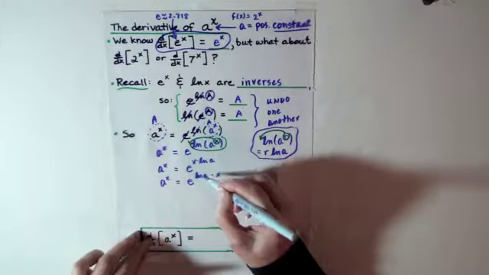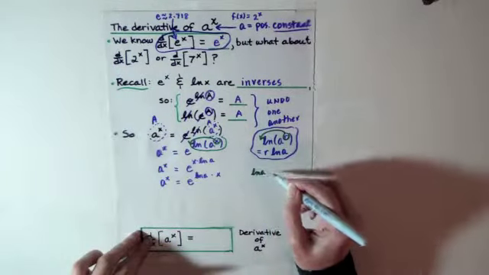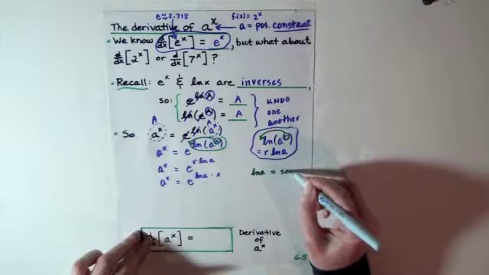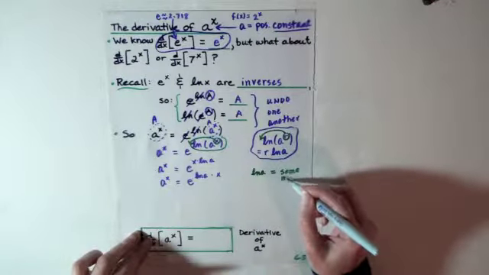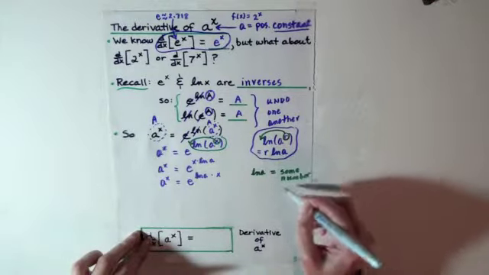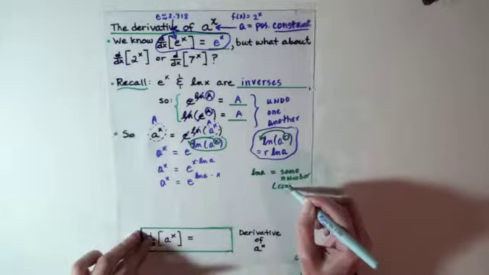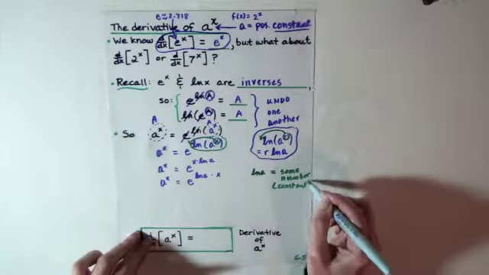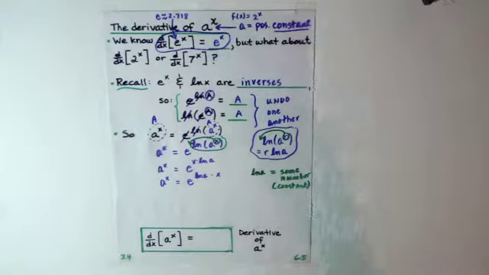That means that ln of a is also just some number. It's some constant. So I'm going to put in parentheses, it's a constant. So if a is a constant like 5, then ln of 5 is going to be some particular number. You could get an approximation for it by plugging 5 into your calculator and hitting the ln button.